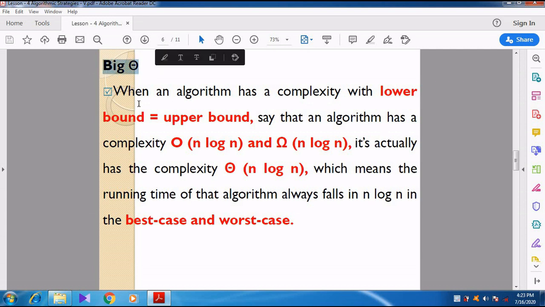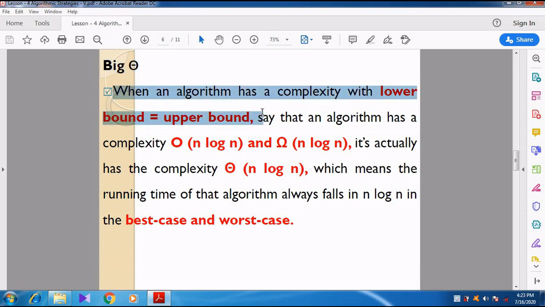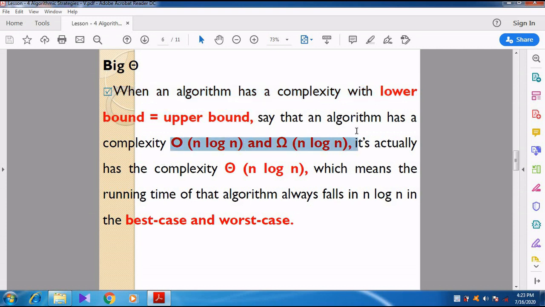What is big theta? Whenever an algorithm has a complexity where the lower bound is equal to the upper bound, that is, whenever the lower bound and upper bound are the same, then if it is O of n log n and omega of n log n, the complexity is theta of n log n.